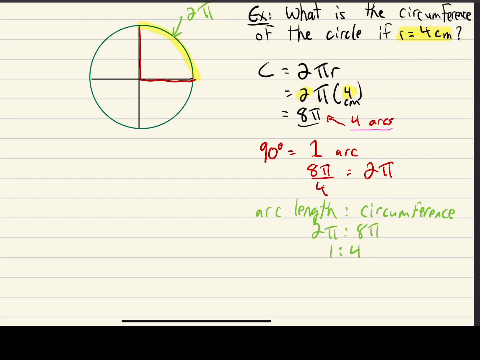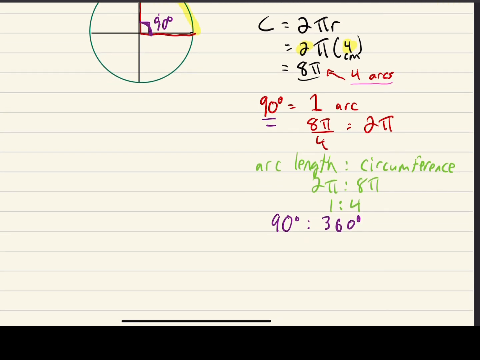Now, if I look at what the principal angle would be, which in this case is 90 degrees, and I put it up against the full rotation of 360 degrees, I would see that this would also be 1/4 after simplifying.